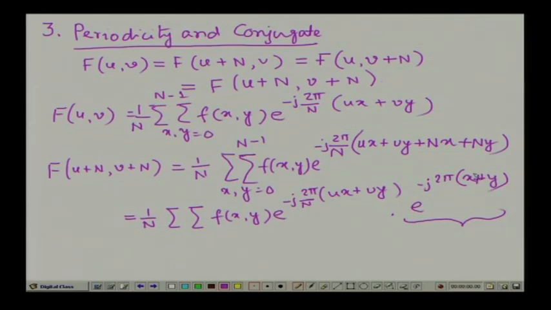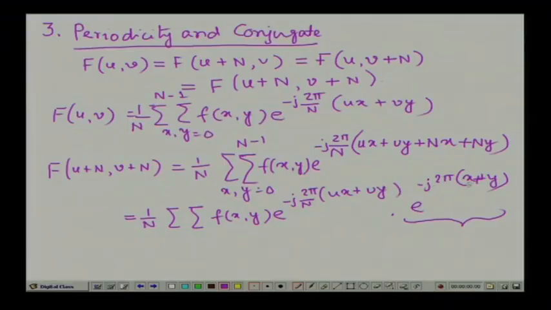So, x plus y will always be an integer, and this will be the exponential e to the power minus j k times 2 pi. Because this is an exponentiation of some integer multiple of 2 pi, the value of this second exponential will always be equal to 1.